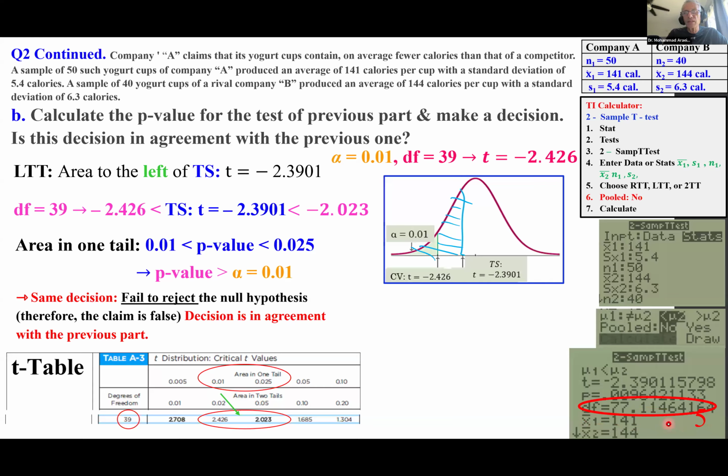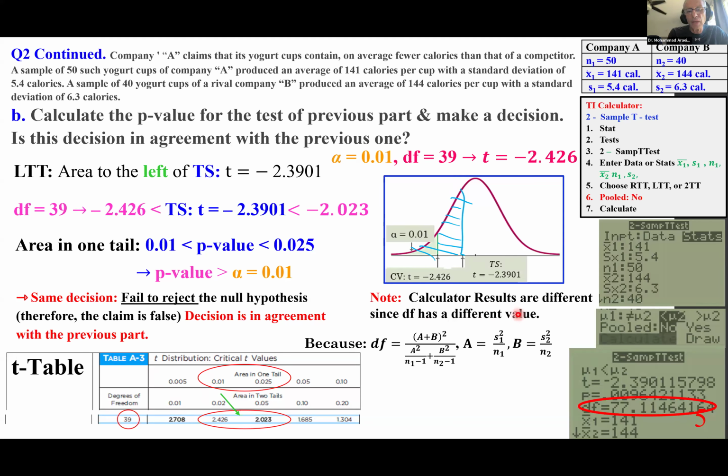What is this? This is the degrees of freedom, not 39. So how did they come up with that? Calculator results are different, since degrees of freedom has a different value. Here's the formula. Degrees of freedom is (a plus b) quantity squared over a squared over n1 minus 1 plus b squared over n2 minus 1, where a is s1 squared over n1, b is s2 squared over n2. As you can see, it's pretty complicated.